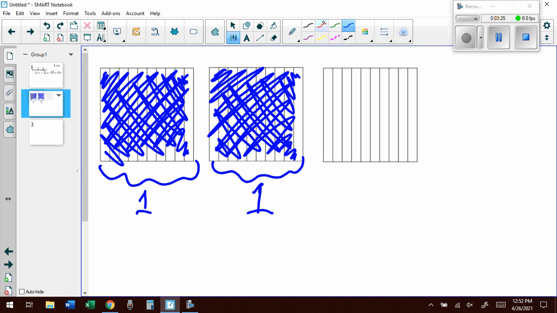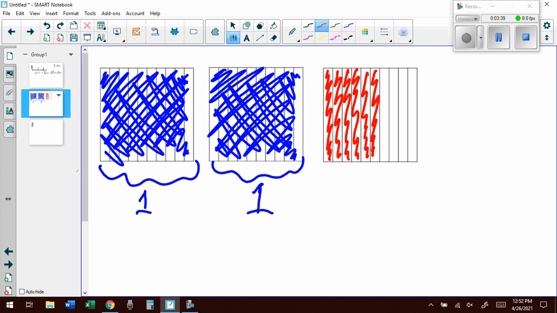Now I need to shade in 6 tenths. 1 tenth, 2 tenths, 3 tenths, 4 tenths, 5 tenths, and 6 tenths.